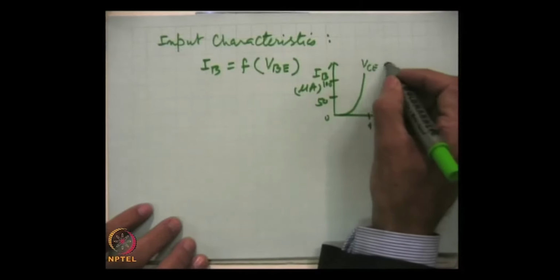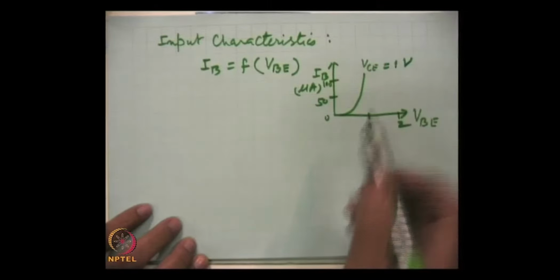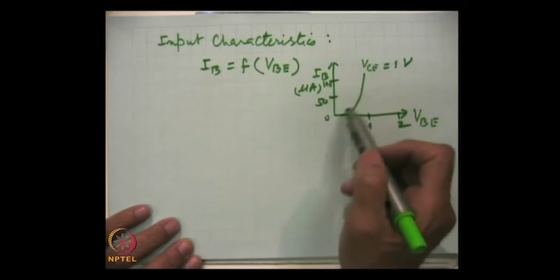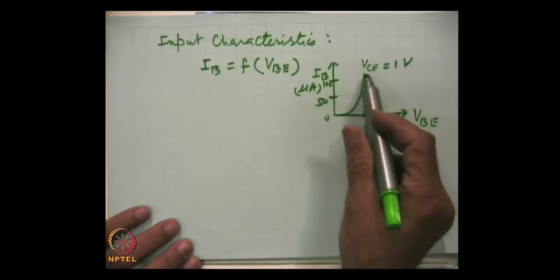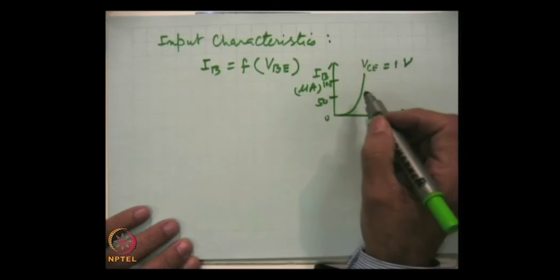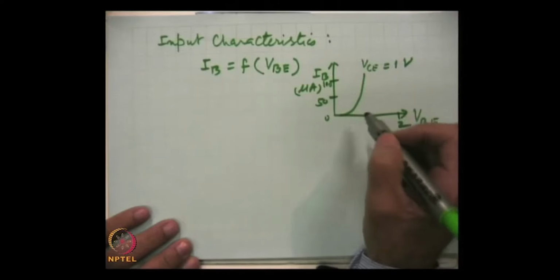So, this is kept at 1 volt, then we change the voltage and we get the current, and there is an exponential rise, and from here of course we can find out the input resistance of the circuit.